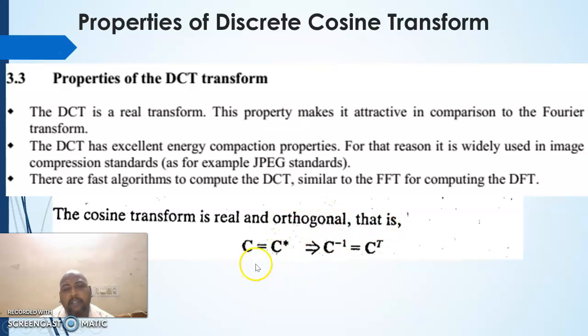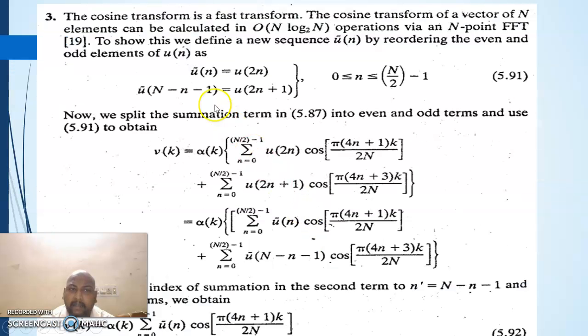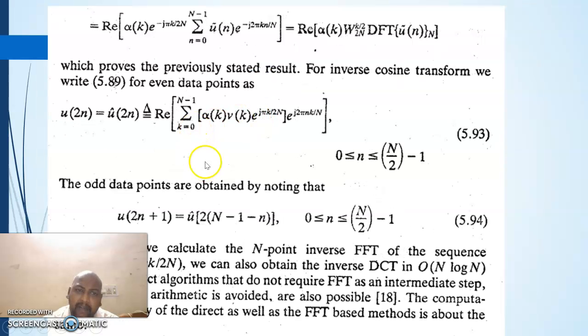It is also orthogonal, which can be verified using C inverse equals C transpose. When computing with the fast algorithm, the sequence is divided into odd and even parts, and the computation is carried out.